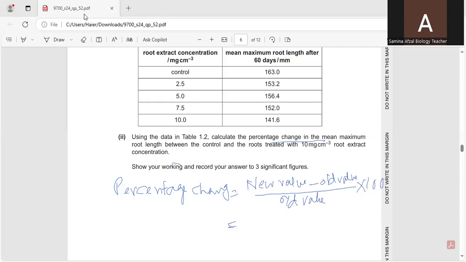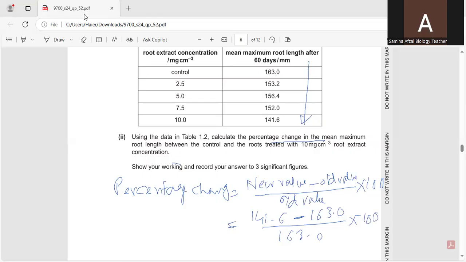Here you can see it is decreasing, so the percentage change is towards the decrease. So we will take 141.6 minus 163.0, divided by 163.0 and multiplied by 100.